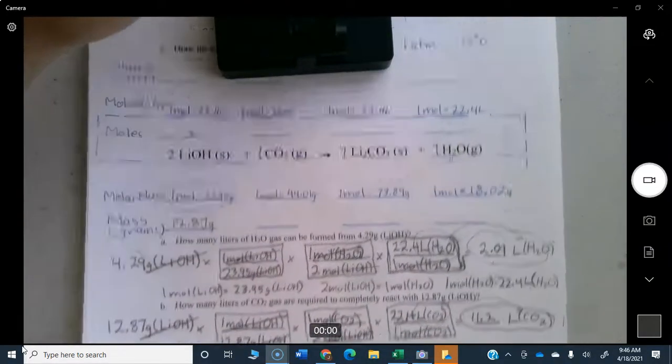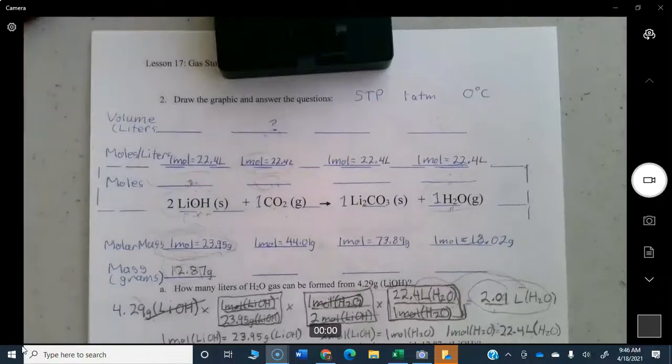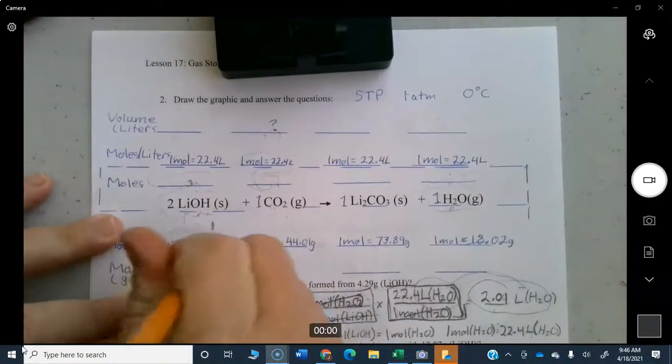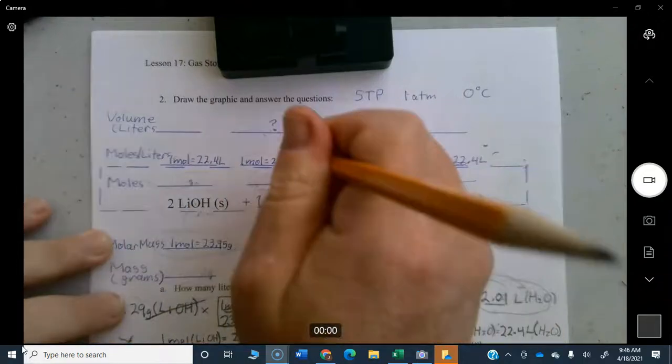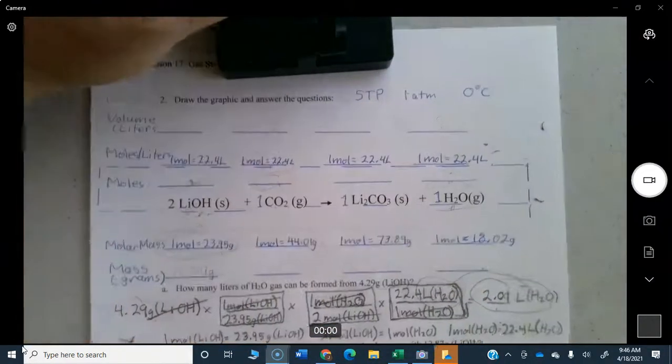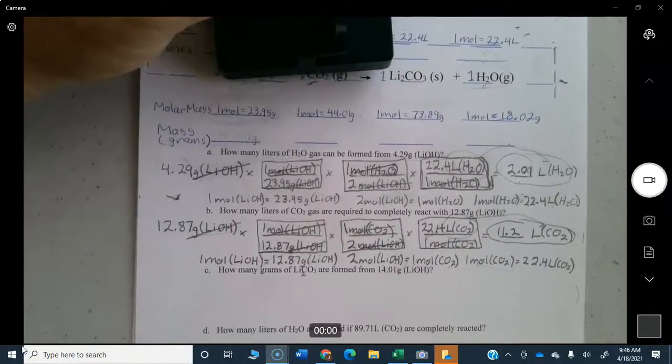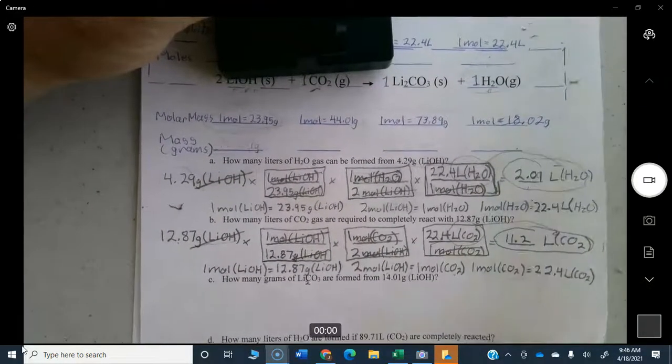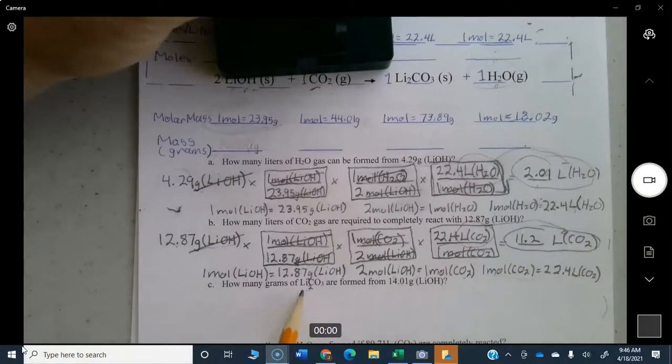Alright, let's do C together, and then I'll give you the answers for D and E, and you can do those on your own. So use the graphic organizer the same way I am, just go back, erase each time. Alright, C. How many grams of Li2CO3 are formed from 14.01 grams of LiOH?